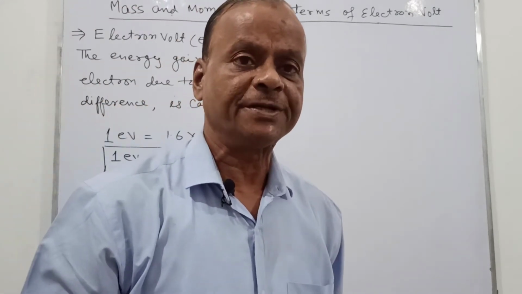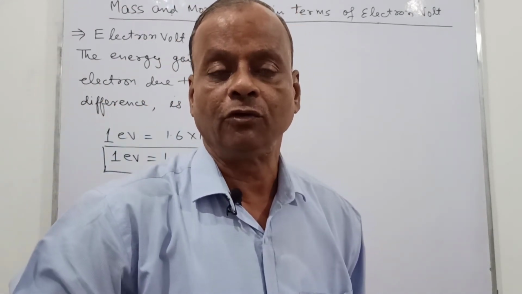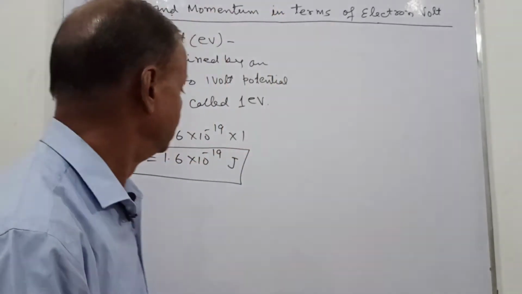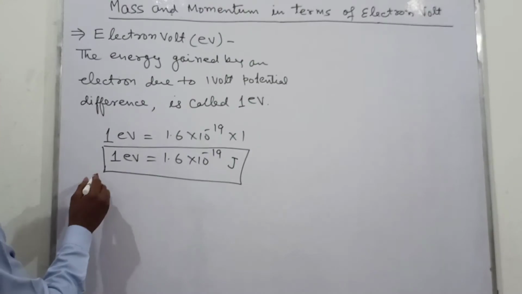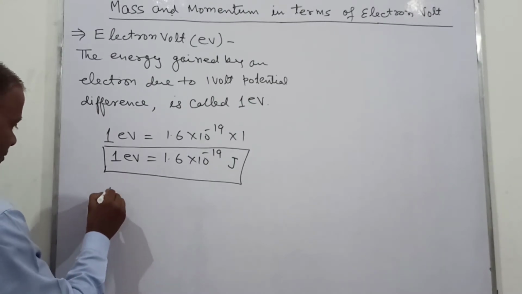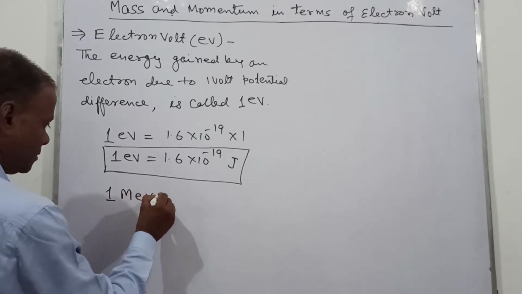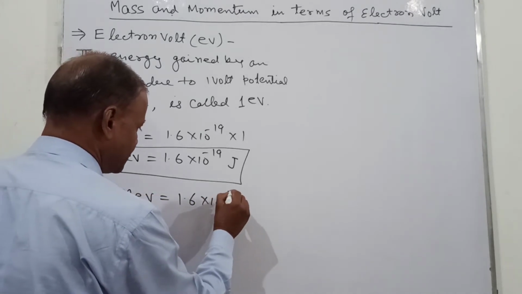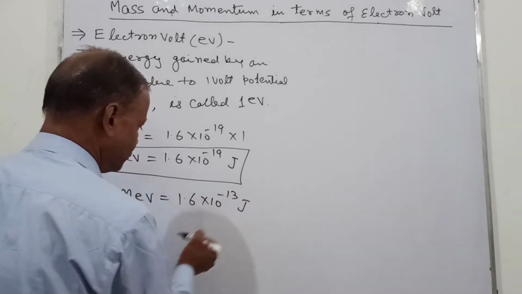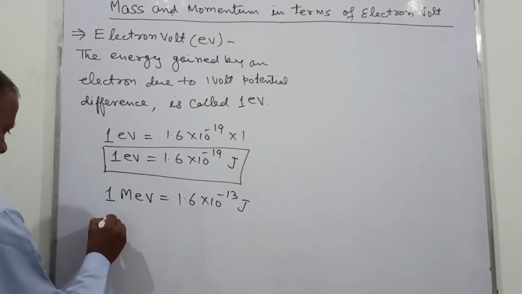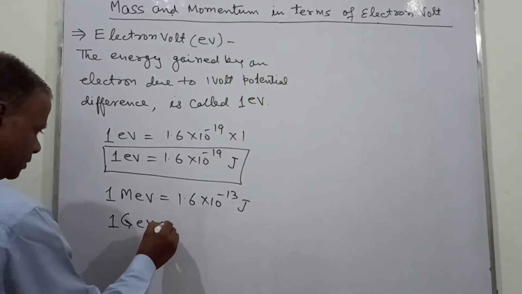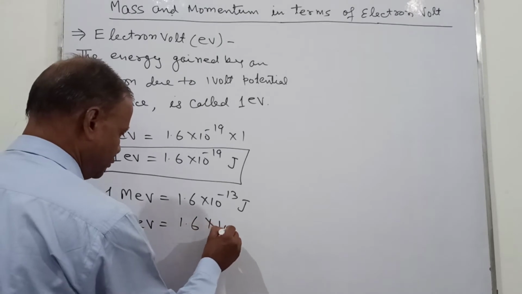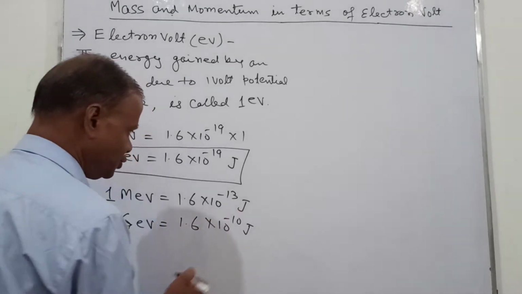Now this is also expressed in mega electron volt, MeV, and giga electron volt, GeV. So 1 mega electron volt is equal to 1.6 into 10 raised to the power minus 13 joule, and 1 giga electron volt is equal to 1.6 into 10 raised to the power minus 10 joule.